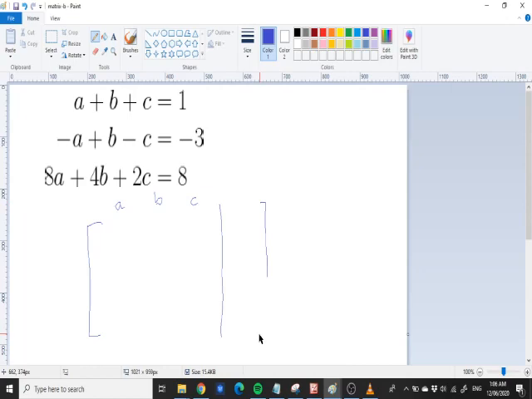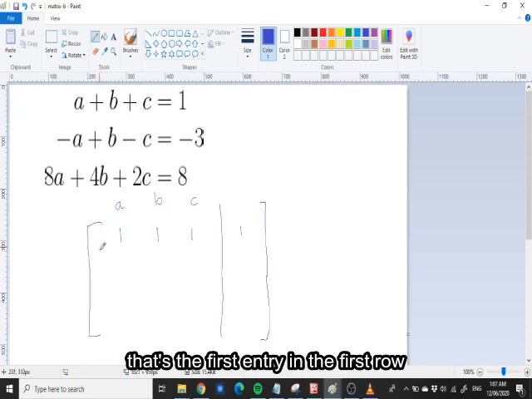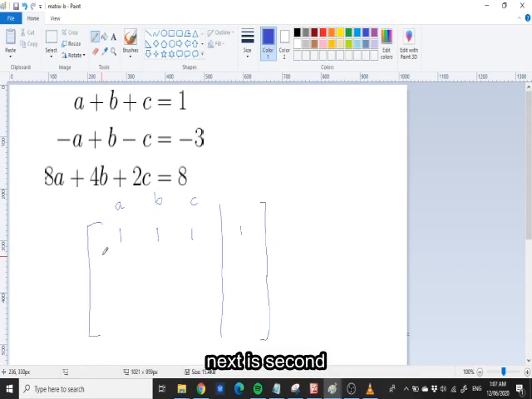So this indicates the augmented matrix. For the first equation, the coefficients are 1, 1, 1, and the constant is 1. Next, the second is negative 1, positive 1, negative 1, and the constant is negative 3.